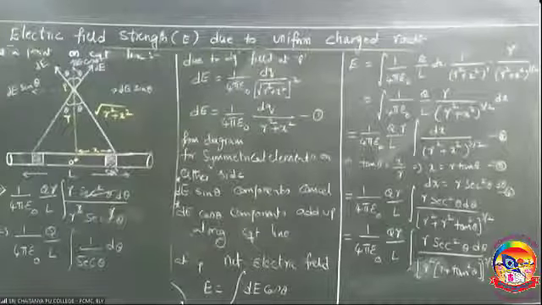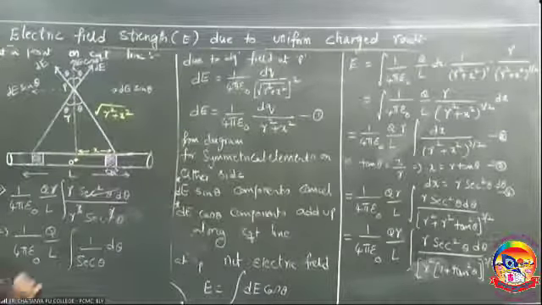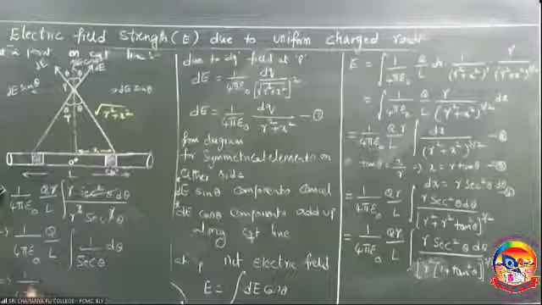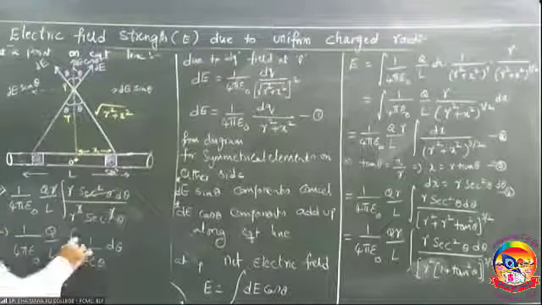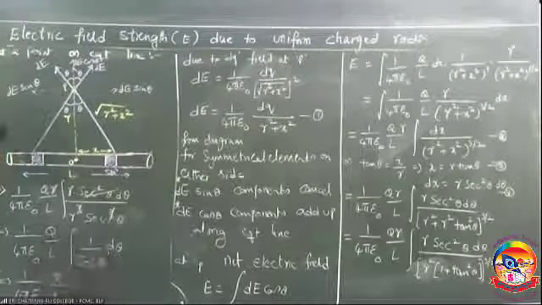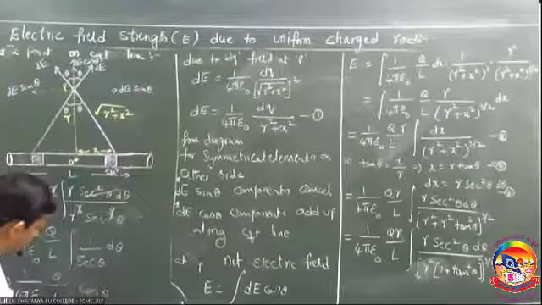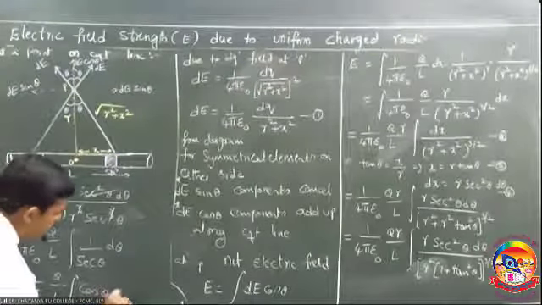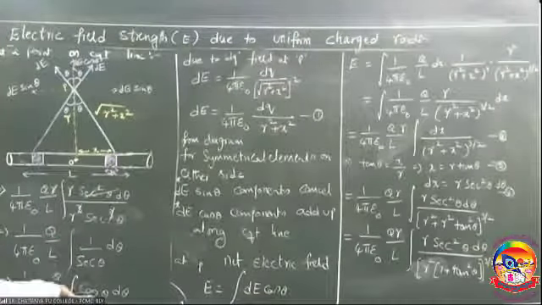This remained finally. So how can we write this? 1 by 4 pi epsilon naught Q by L, 1 by secant theta, which is cos theta d theta. That is the final one.